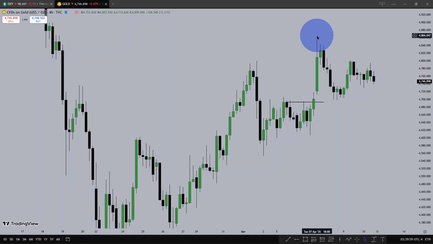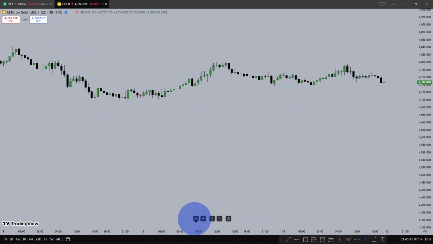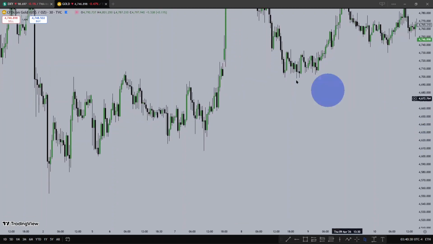All right, the second entry would have been for them to completely rebalance this volume imbalance. I mean, that's the entry I was calling on Discord, saying as soon as they completely rebalance this inefficiency here, that we are going to buy. It's an up tomorrow trade entry for buy side here, and they only ran into it with one very, very fast wick, and didn't in fact completely rebalance, because the inefficiency would be from the closing of this candle, right?